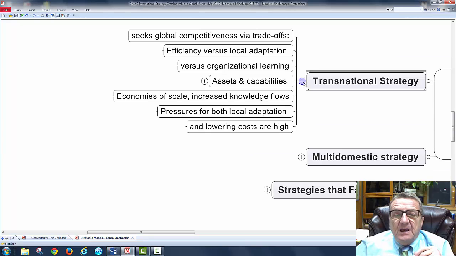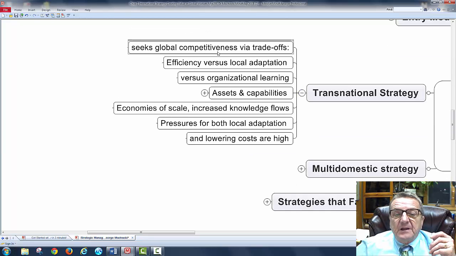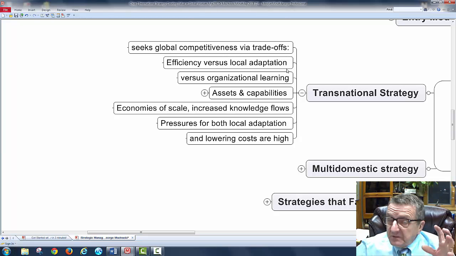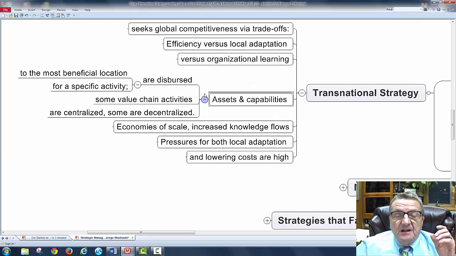Transnational strategy basically seeks global competitiveness via trade-offs: efficiency versus local adaptation versus organizational learning. Access, assets and capabilities are distributed to the most beneficial location for each specific activity.